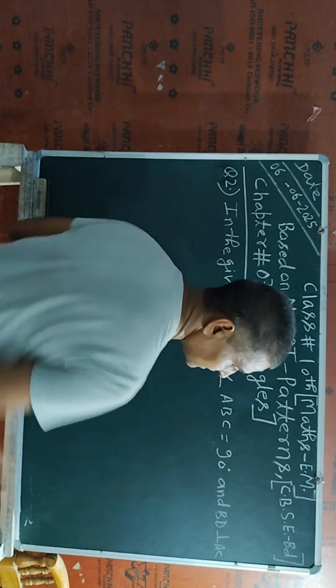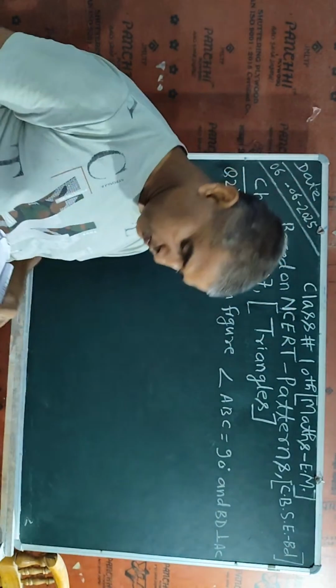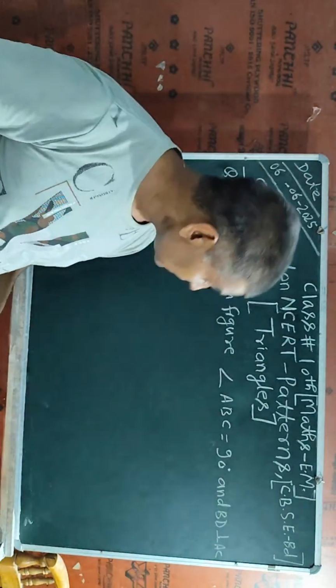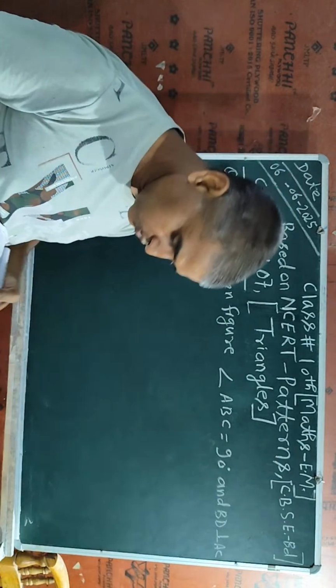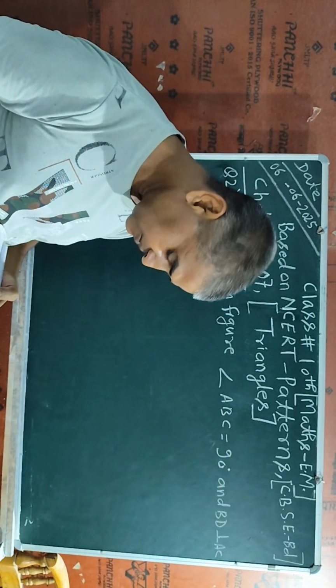This symbol gives the meaning perpendicular, meaning BD is perpendicular to AC, or AC is perpendicular to BD. Both meanings are the same.